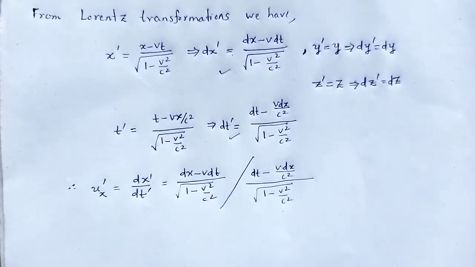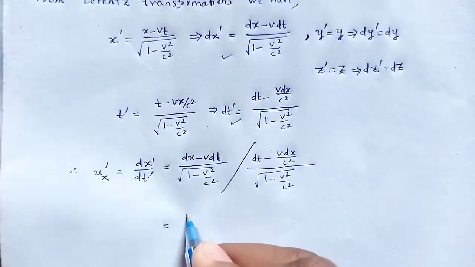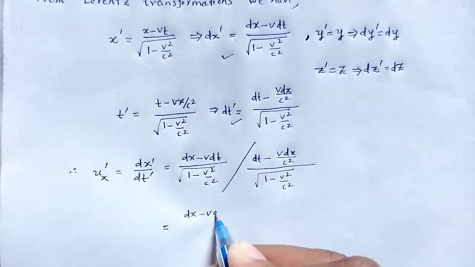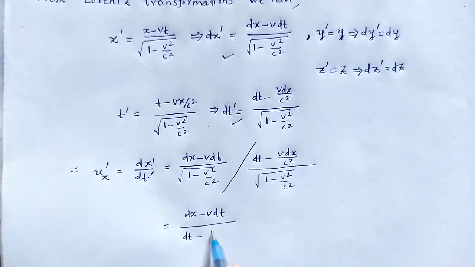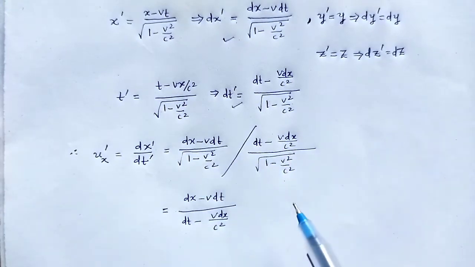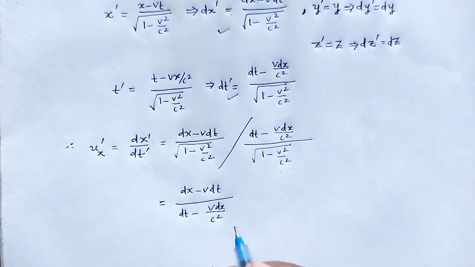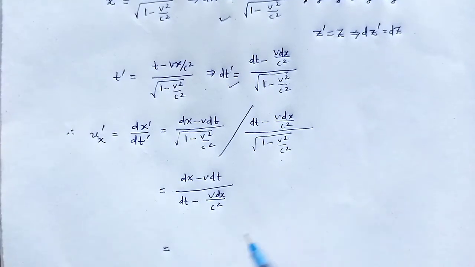Solving this, the square root term cancels out, and we have dx minus v dt divided by dt minus v dx by c square.